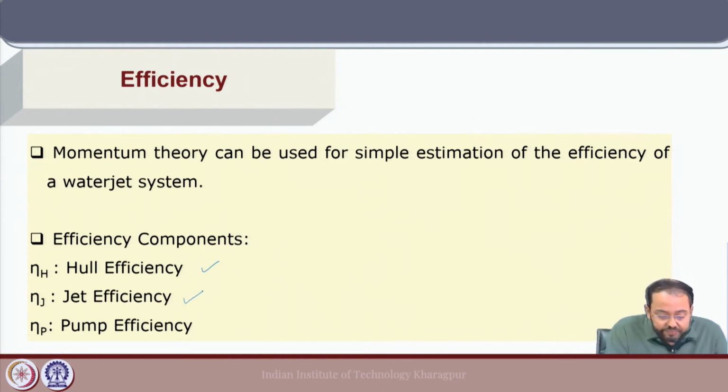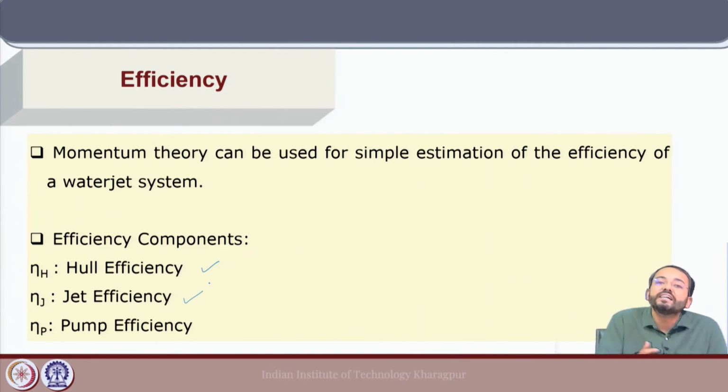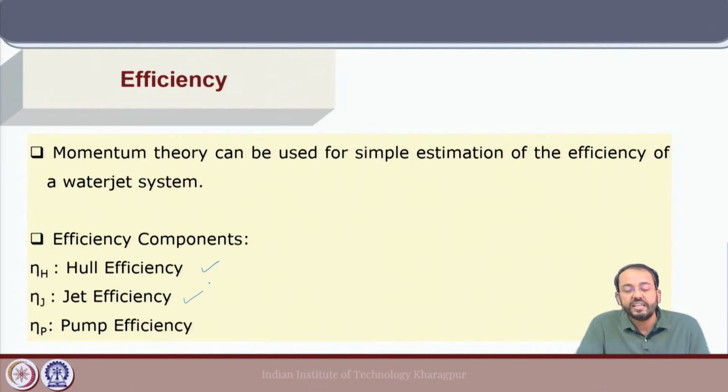And we have the jet efficiency, which is the efficiency of the water jet. It will include the momentum losses through the system as well as some factors which will be included in the calculation of jet efficiency regarding the inlet loss, the outlet efficiency, and the rise of water head through the water jet system.